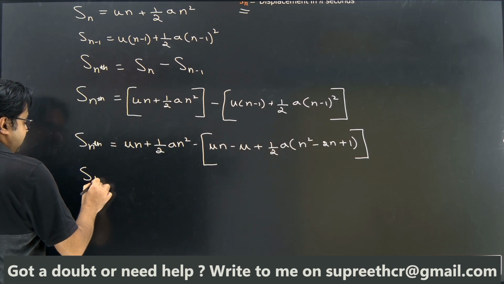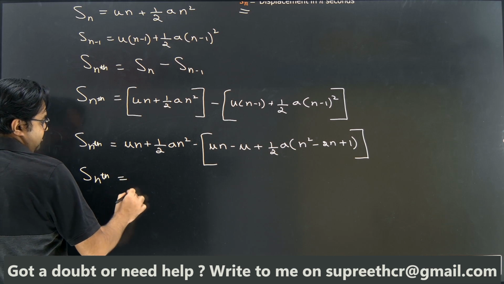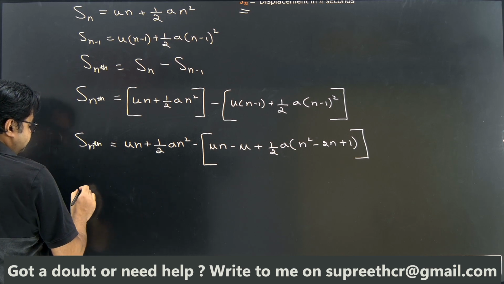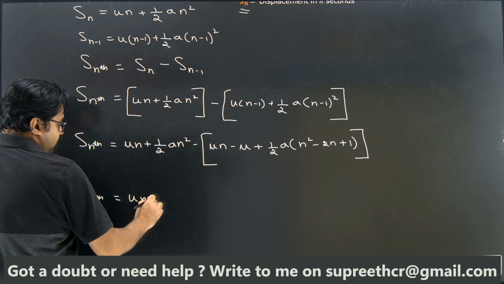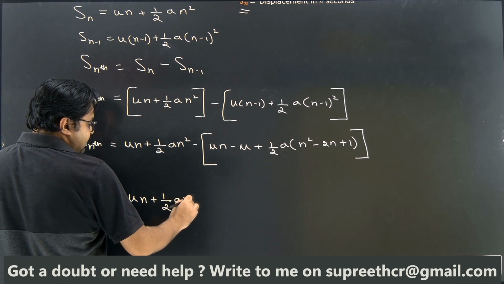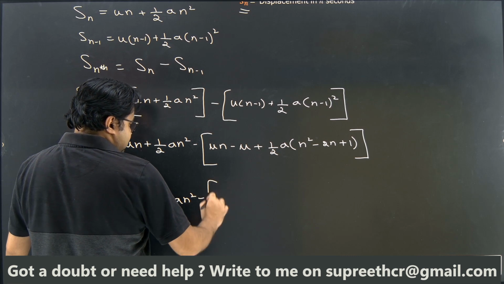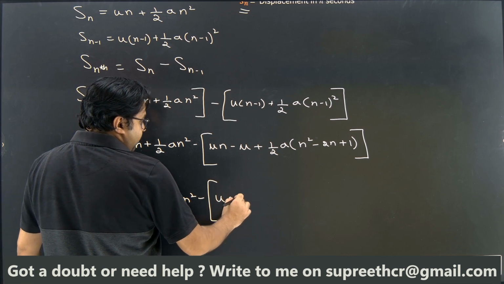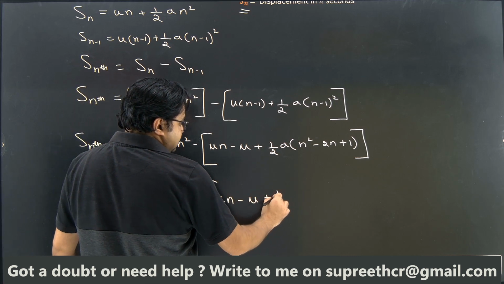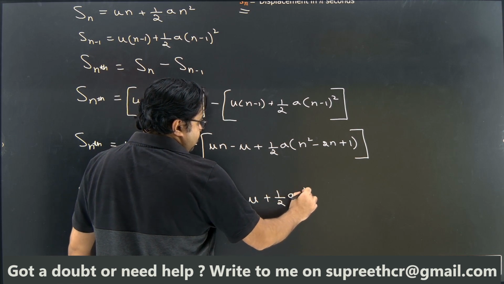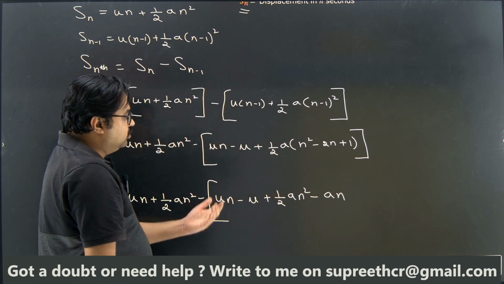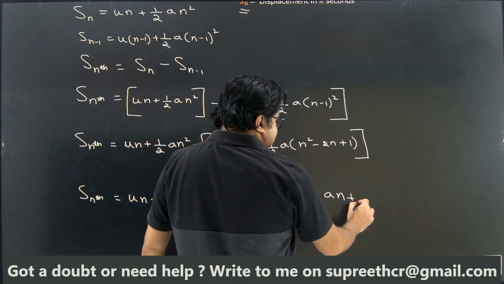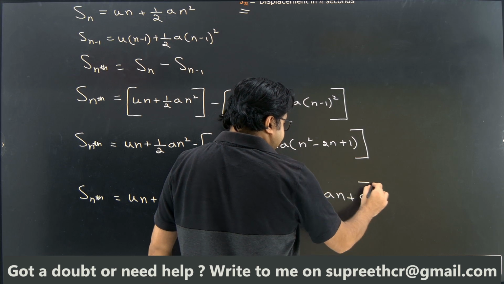So what you have is Snth would become equal to un plus half an square minus un minus u plus half an square minus an, because 1 by 2 and 2 get cancelled, plus a by 2 is all that you will have.